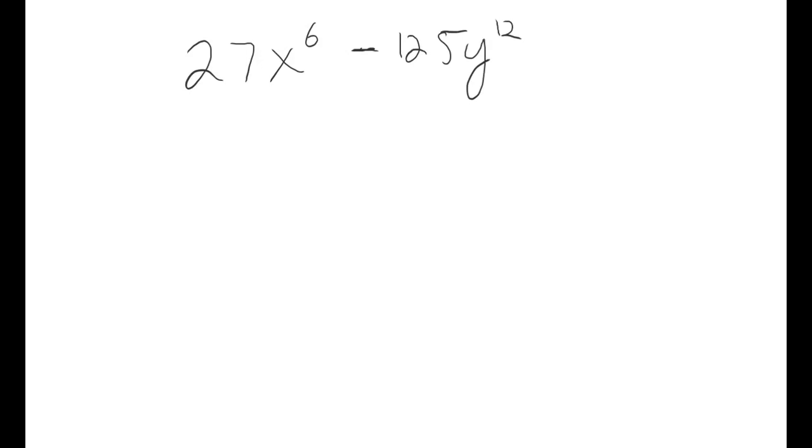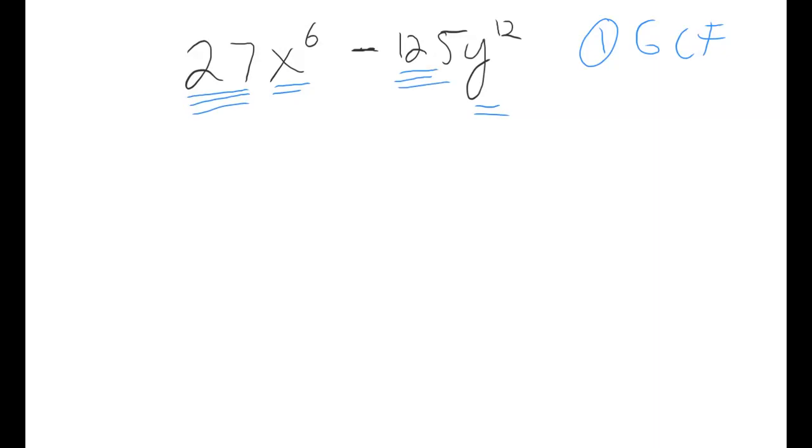So first thing we always look for is greatest common factor, right? So I have an x, I have a y, so therefore they have nothing in common. Now you'll look at 27 and 125. Well, they're odd, so that means 2 and 4 and 6 and all that won't go into them.